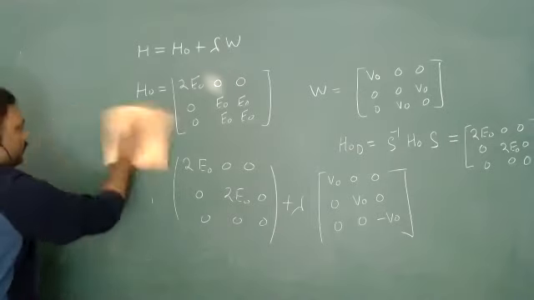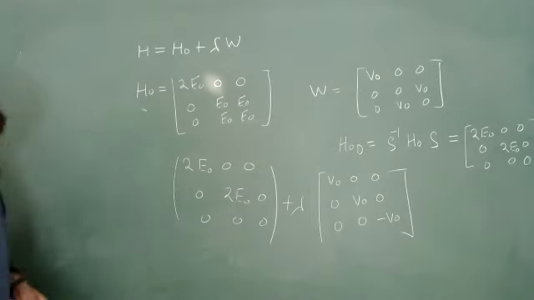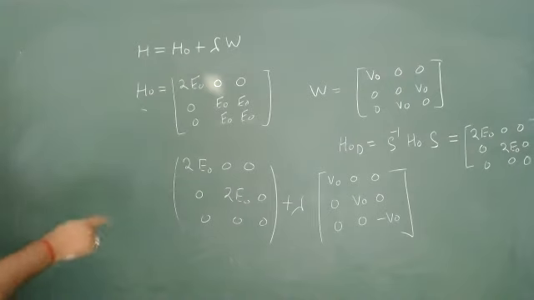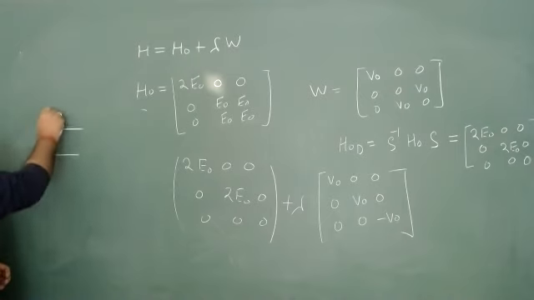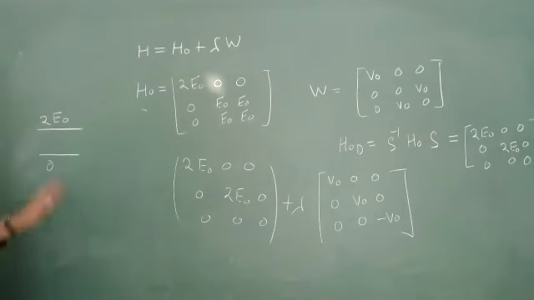So let us see what is going to happen to this particular system. Look here, it's very interesting. For this system, initially we have 0 energy and we have 2E naught energy. There is double degeneracy for 2E naught. But after the perturbation, what will happen?